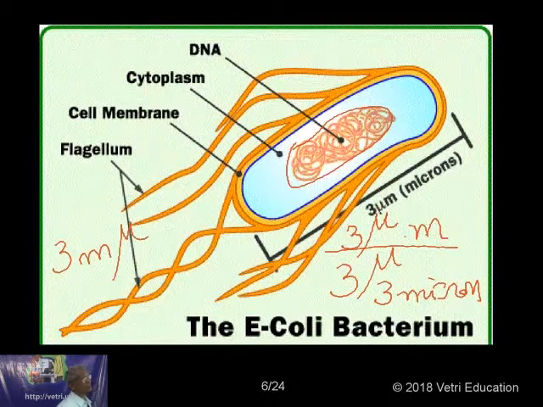What do you mean by true sense? A nucleus will have an outer nuclear membrane, inner nuclear membrane, perinuclear space, a nuclear pore. All these things should be there. But nothing of that sort is there. So it is called a nucleoid. So it contains DNA, cytoplasm, cell membrane, flagellum.